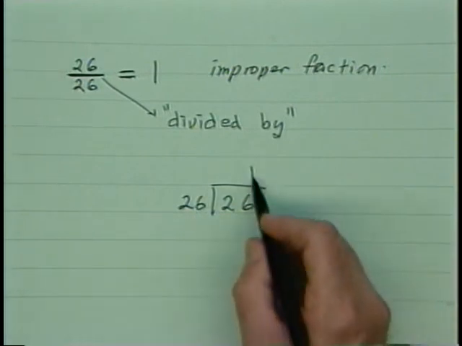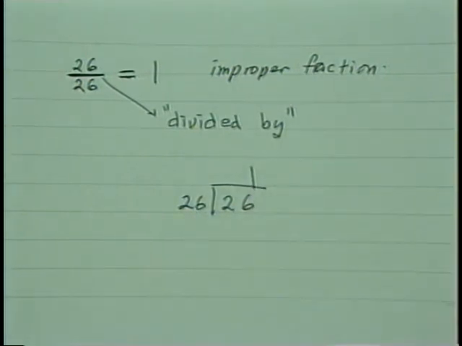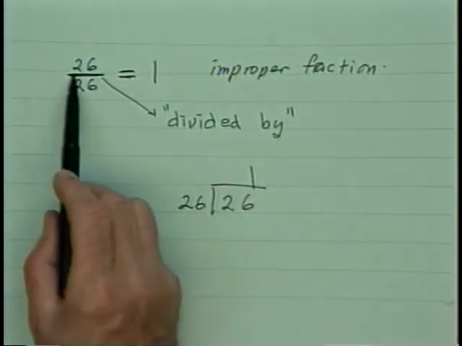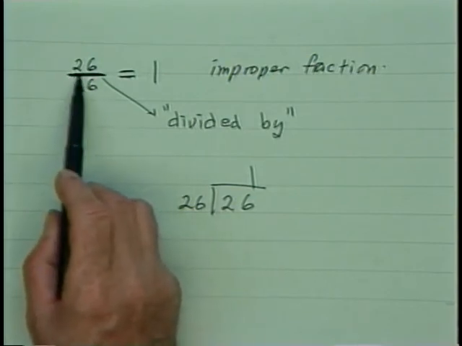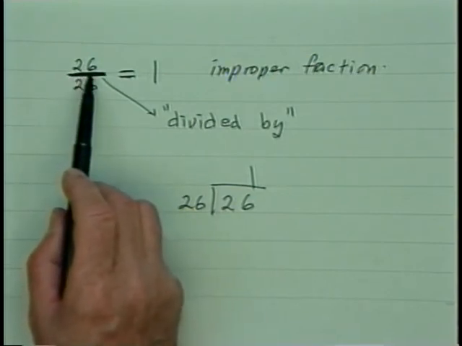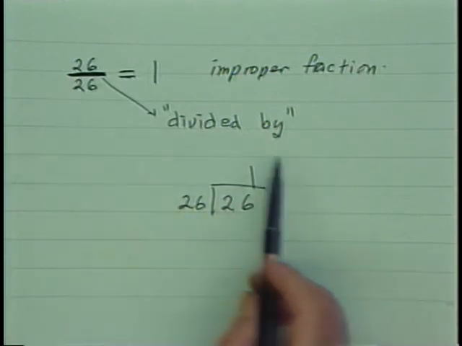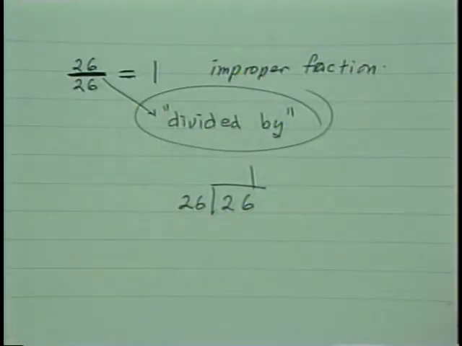Of course, we know that is 1 with no remainder. So again, many times it will be convenient to remember that the fraction bar, among many other things, means the phrase divided by.